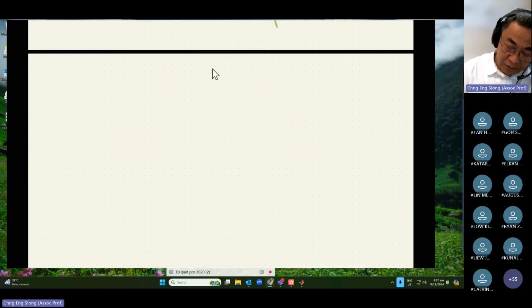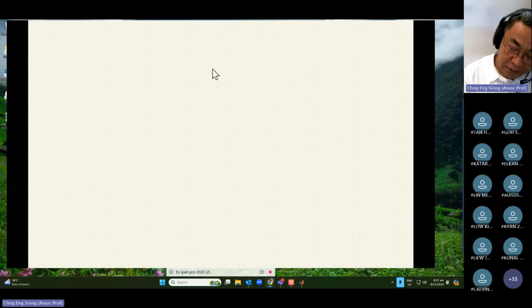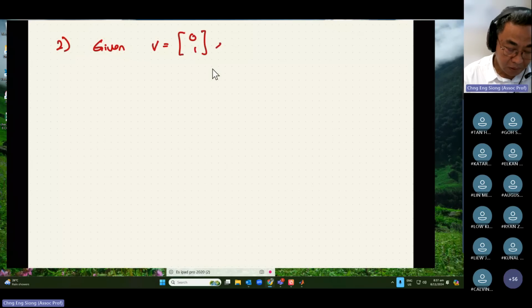Right, another type of question in orthogonality is this. And this is even more tricky. Given V is equal to 0, 1, W equals C, half, C belongs to the real.